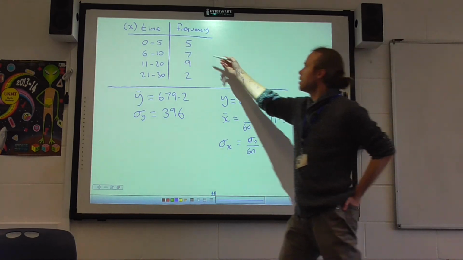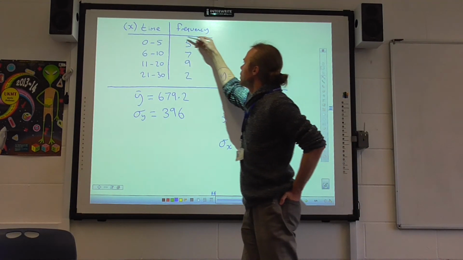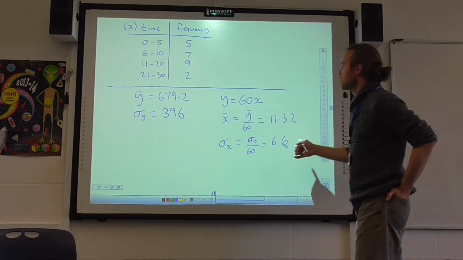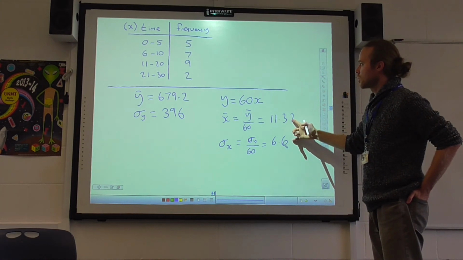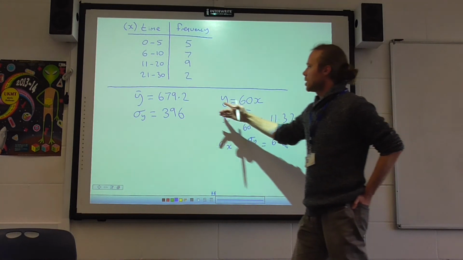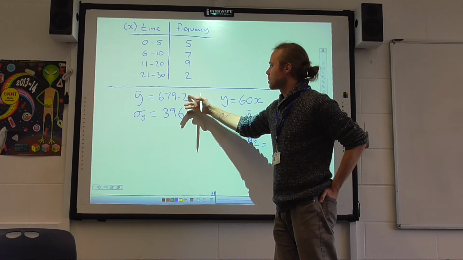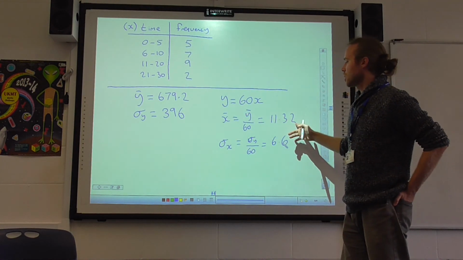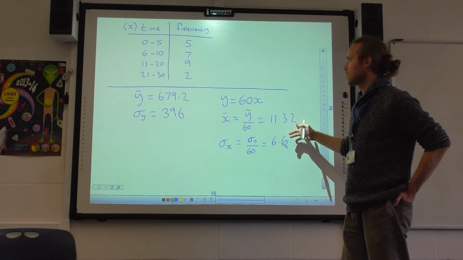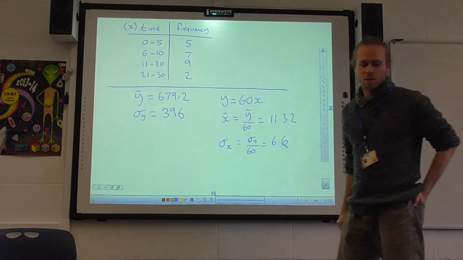Now hopefully, if you went away, which you should do, and calculated the mean and the standard deviation for that data, you would get these numbers. But you can see that because we know the code and the coded data statistics, it's much quicker to do it this way by undoing the code than working back with the original data.